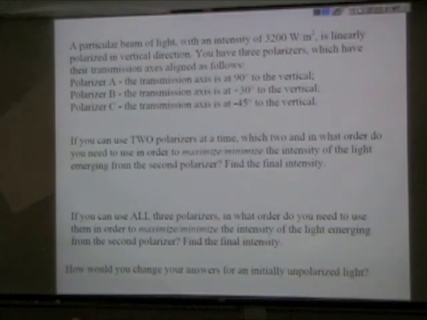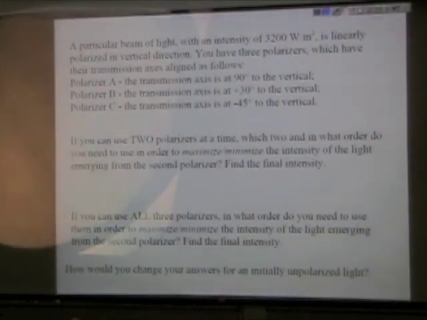Well, this example, this experiment tells us if we want to maximize intensity, for example, we would like to have the angle between transmission axes as small as possible. The extreme situation is when there is no angle. In that case, light travels through without any change.